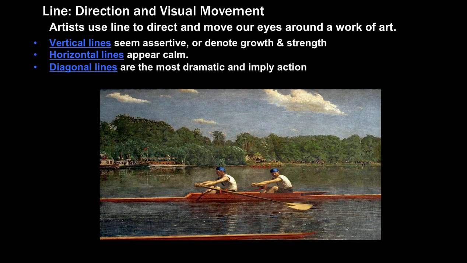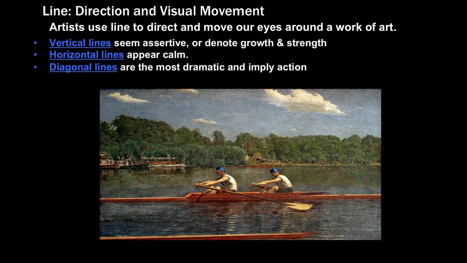Line also is used in direction and visual movement. Now, a lot of people are confused when you say movement, that it means something like a pinwheel, something physically moving. But that's not what it is in art. Art lines are used to move us around the image.